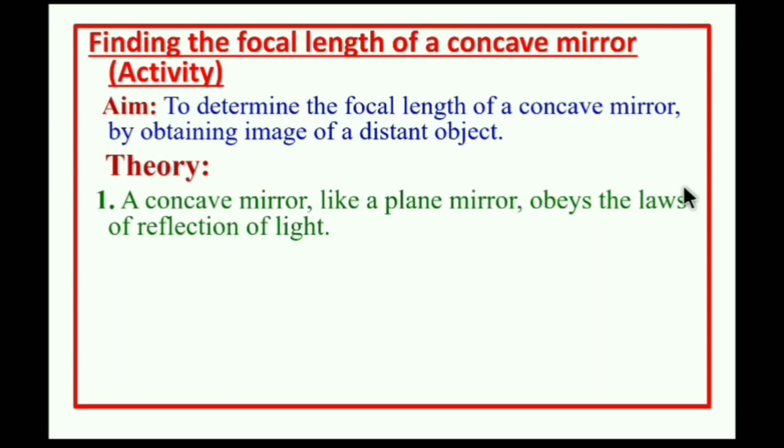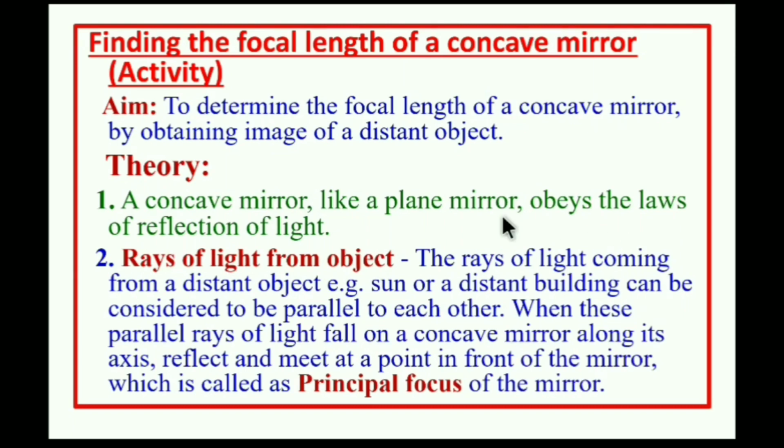Theory: a concave mirror, like a plane mirror, obeys the laws of reflection of light. Second, rays of light from an object. The rays of light coming from a distant object, for example the sun or a distant building, can be considered parallel to each other.